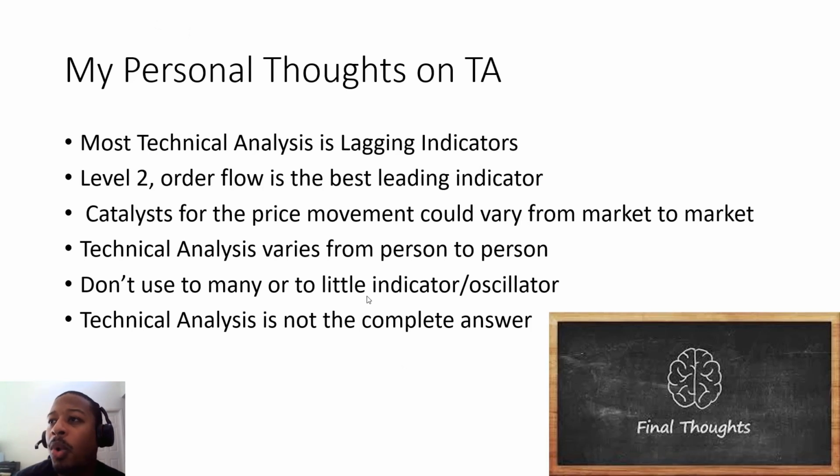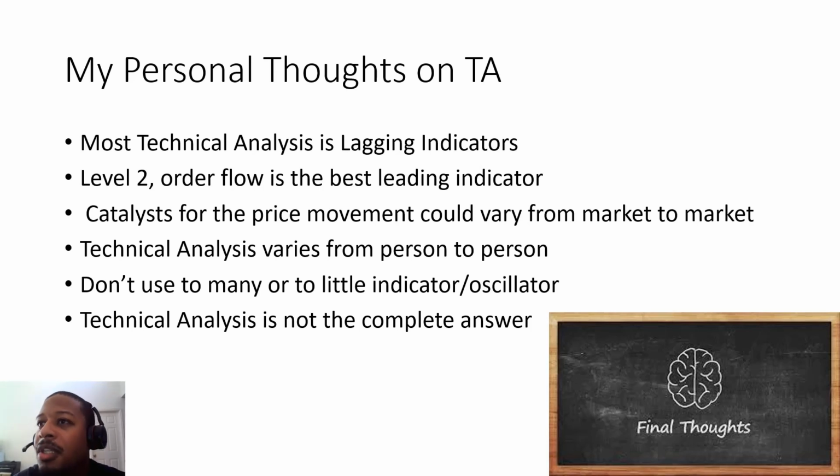One big tip too, don't use too many indicators or oscillators, or too few. Because if you use too few, you won't get the confirmations you need. If you use too many, you're going to get conflicting signals. So you want to find that right balance that gives you enough time to read and plot and decide what you want to do. Like I said, there's hundreds of different indicators out there.